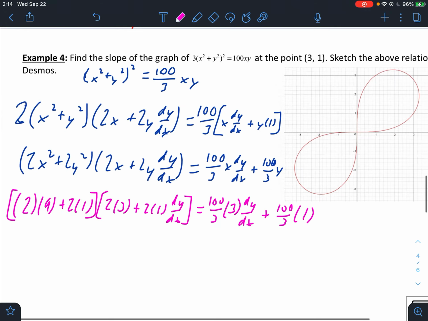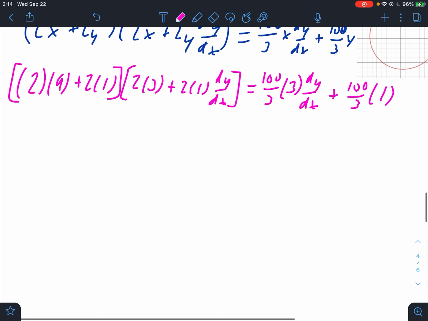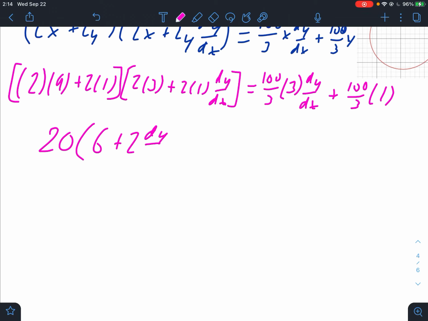This is going to be much easier to clean up with numbers. All right, so this first part gives us 18 plus 2, which is 20. The second part gives us 6 plus 2 dy dx equals 100 dy dx plus 100 over 3.